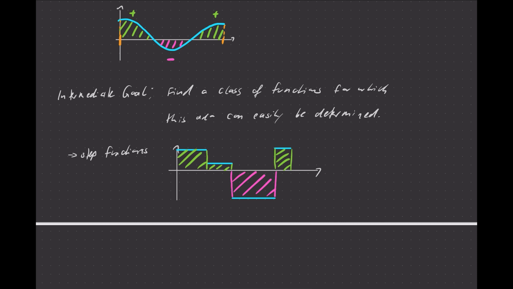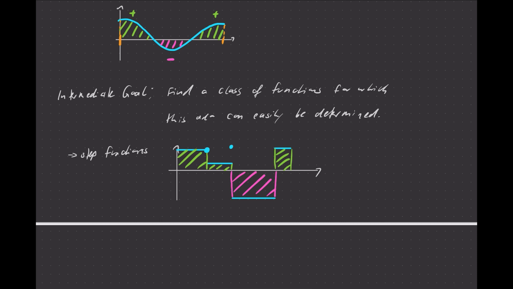So this boils down to areas of rectangles, and you will also notice that the function values at these points where we change from one rectangle to another are not relevant for this rectangle area. So in particular, we can define that function value here, for example, like this, or also like this. So even if the jump is not onto one of those two rectangles, it doesn't really matter.